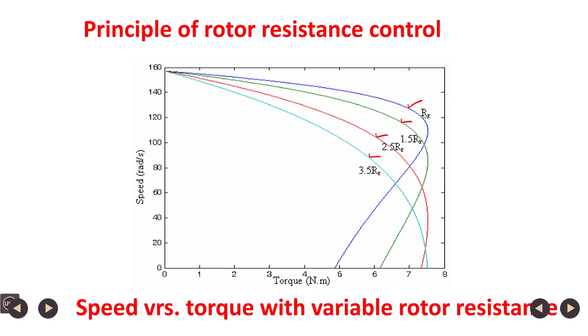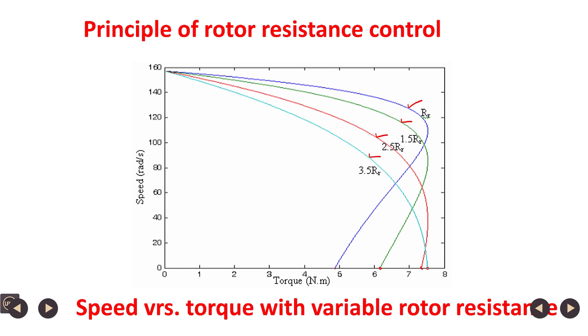So, what do we see from this set of characteristics? With nominal rotor resistance, this is the starting torque. With increased rotor resistance, the starting torque increases. As the rotor resistance is increased, the starting torque increases up to a certain value, beyond which the starting torque reduces again, because maximum torque is not obtained at the start.